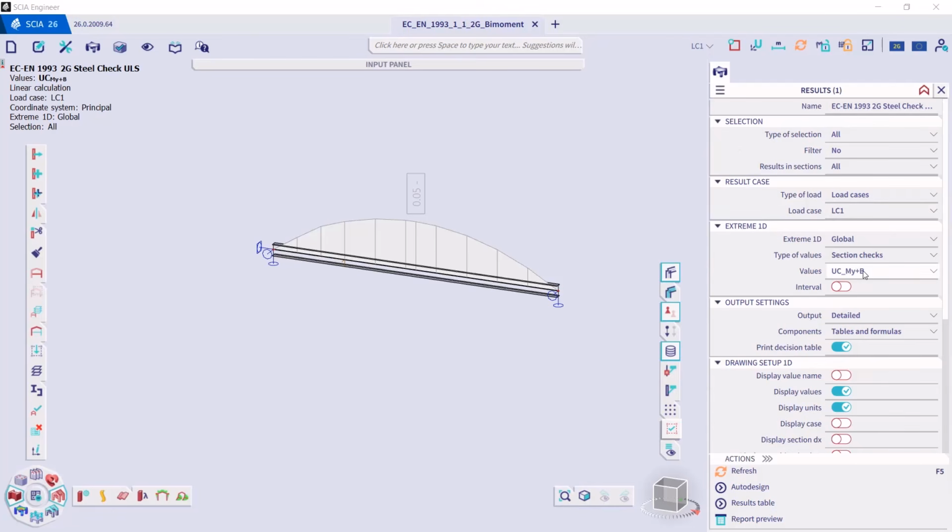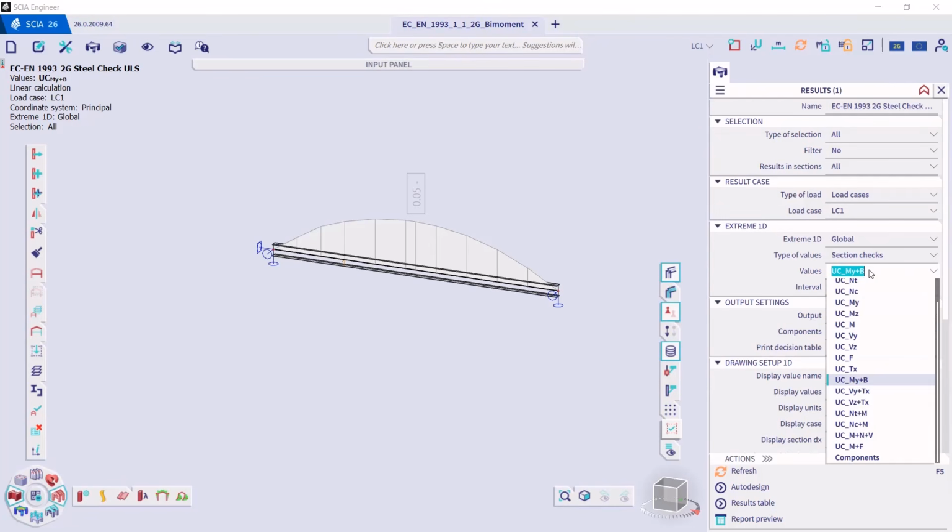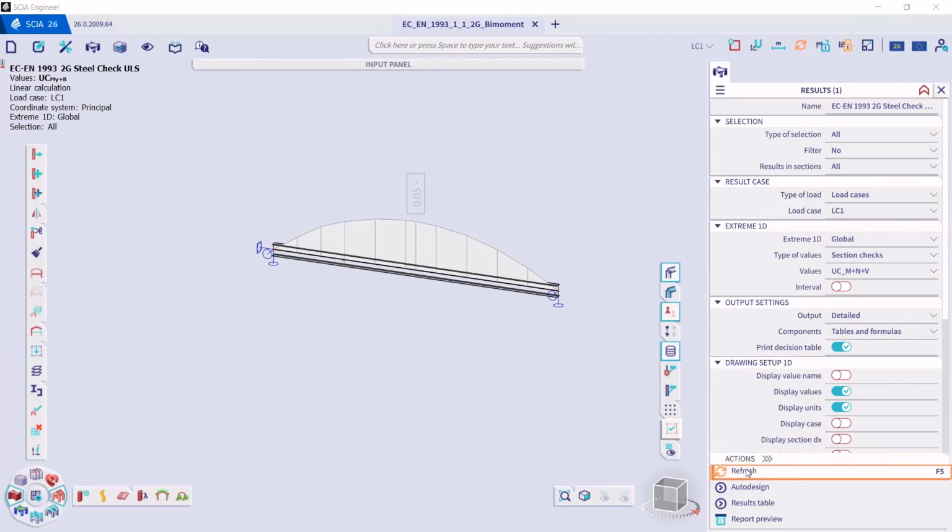And the new type of check, which is also available in the section check, is the combined bending and shear check. So it's used in UC M plus N plus V. If I refresh for load case LC1 on its own, the value is only of 0.23.